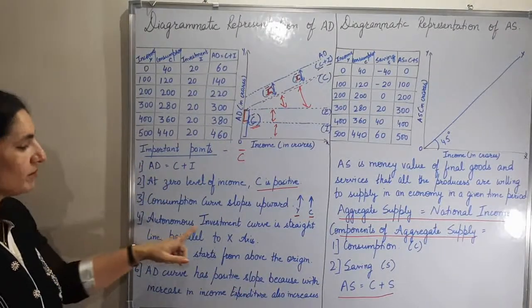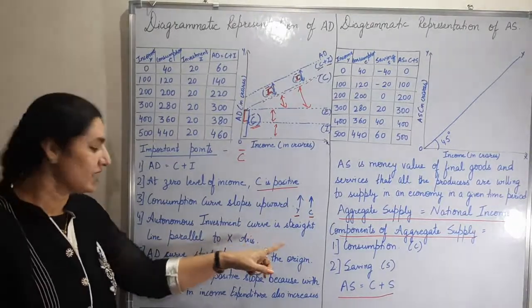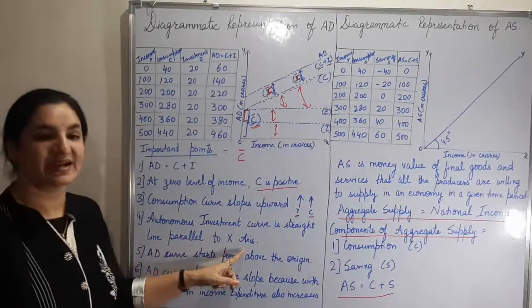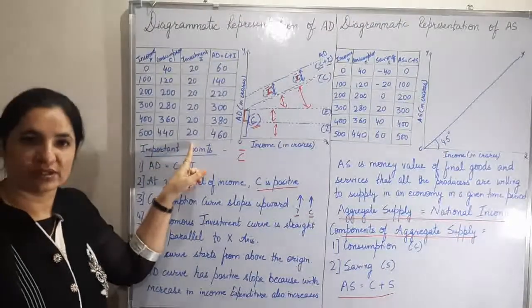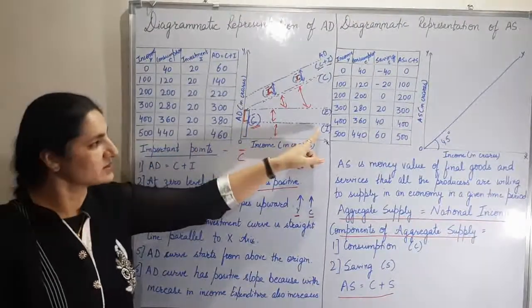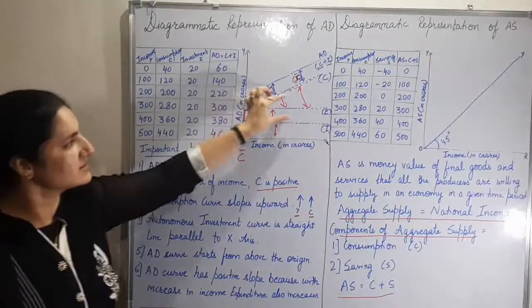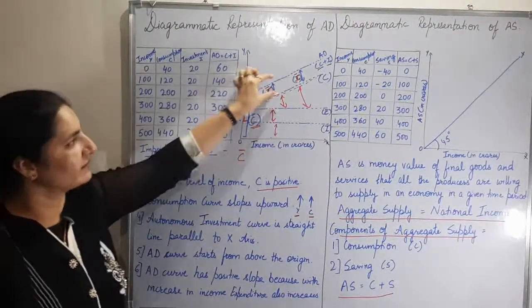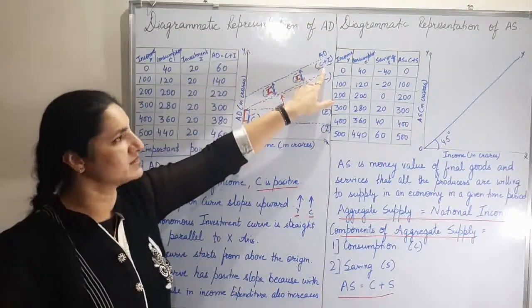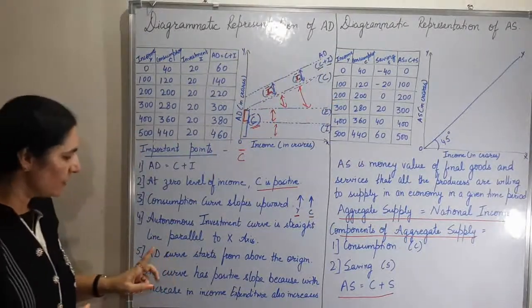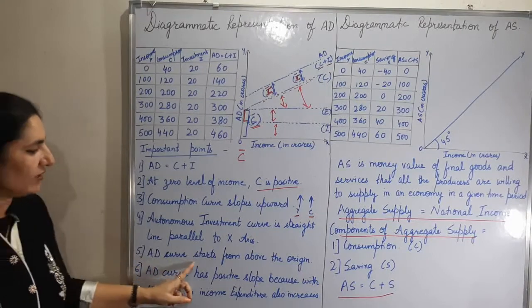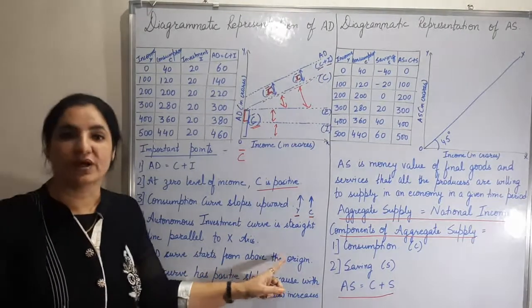Next is the autonomous investment curve is a straight line parallel to the x-axis. The reason behind this is it is constant at all the levels of income. In this consumption part, the investment part is added, and AD is equal to C plus I we are representing here. Next is the AD curve starts from above the origin.